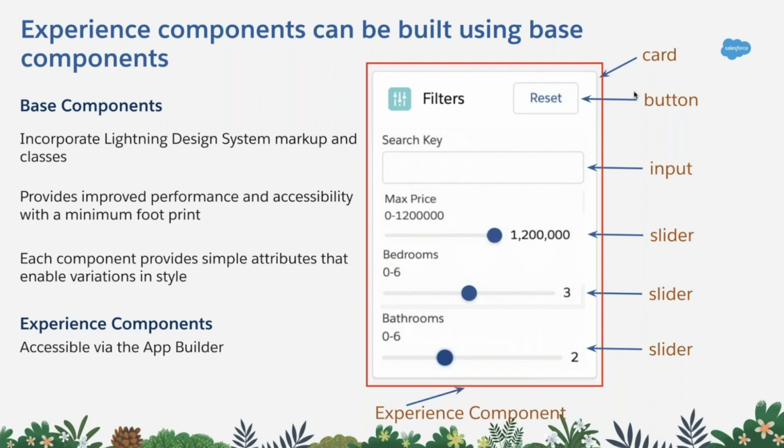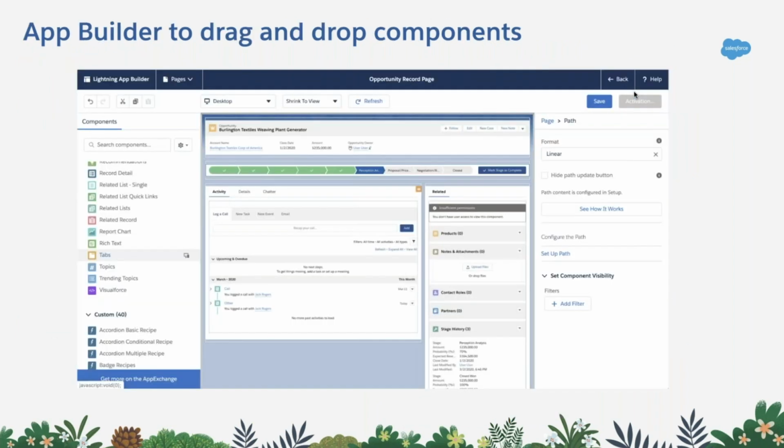But if you want to use the base components, how do you get to know which base component serves which purpose? If you want a complete reference of it, you can do it using the component library. But before that, here you have an app builder, where you can see it is the new App Builder, and in the last few releases, the App Builder has changed a little bit, where you can also see the mobile interface.